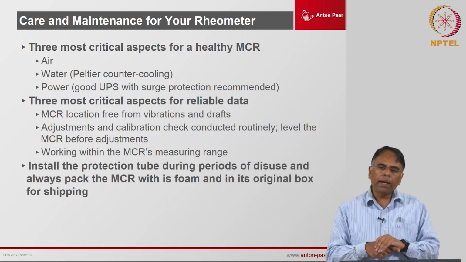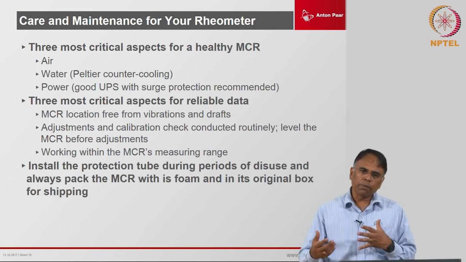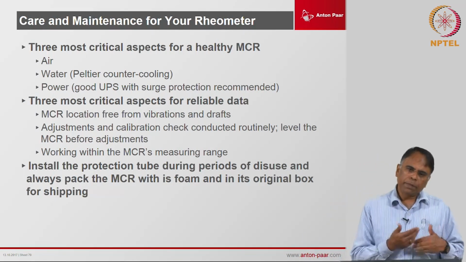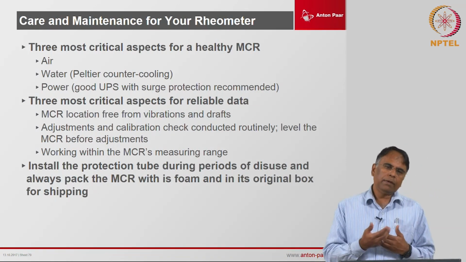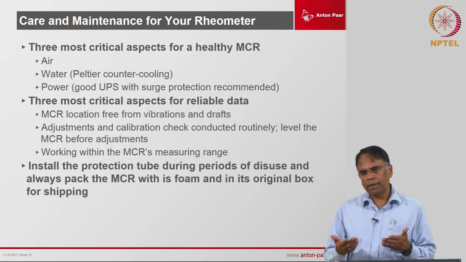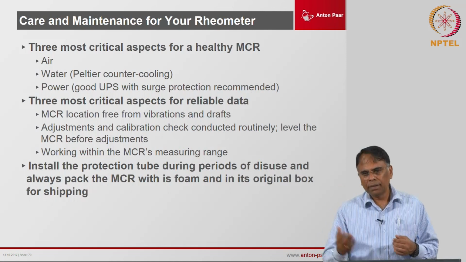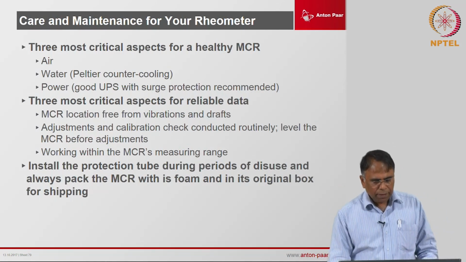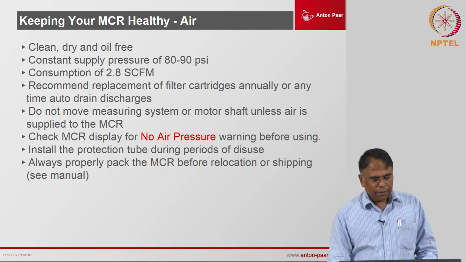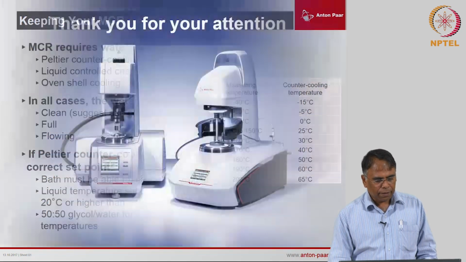You can look at the color changes, and also if you are using circulators or thermostats for cooling the temperature devices, then of course the liquids inside should be replaced very frequently, and cleaning of this whole fluid path once in a year, or once in 6 months, would always be necessary. So, that is about maintaining the healthy condition of your rheometer.